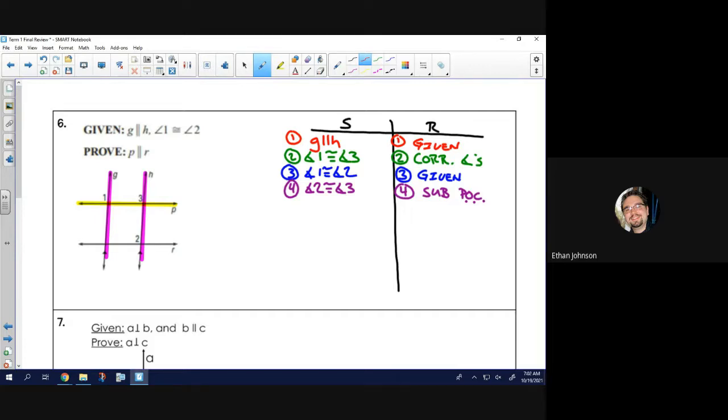Well, unfortunately, we're not dealing with just proving this relationship. Our proof statement is proving two lines are parallel. So as a reminder, we need to use a converse statement. So I know part of my reason 5 is going to have the word converse.